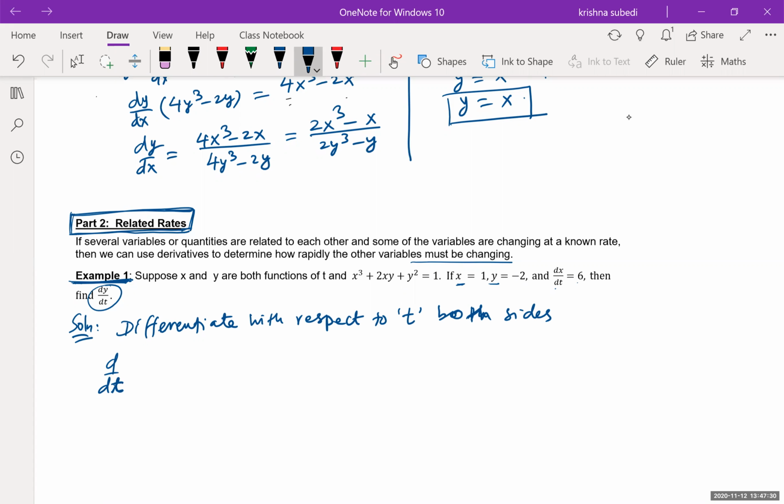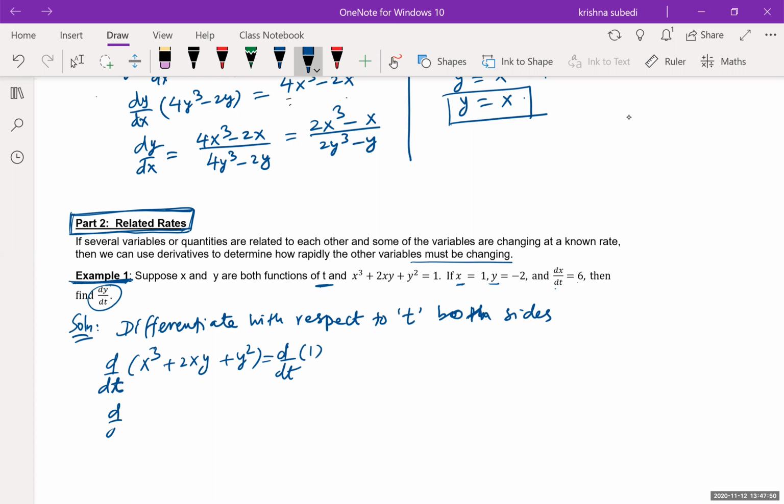Keep that in mind. We want to differentiate with respect to time. That is the question. So d over dt of x cubed plus 2xy plus y squared equals d over dt of 1.